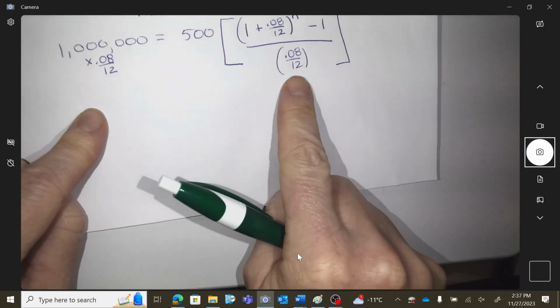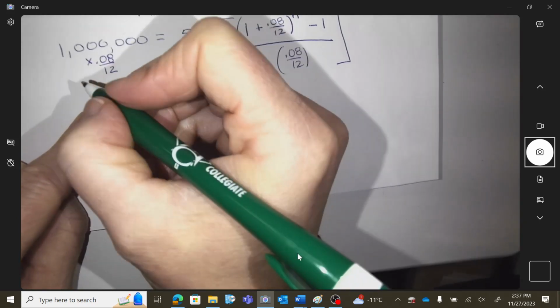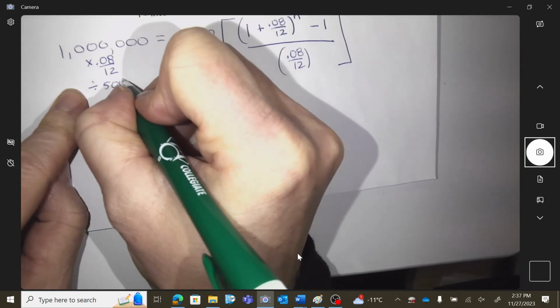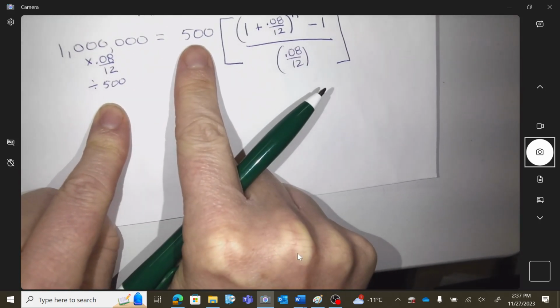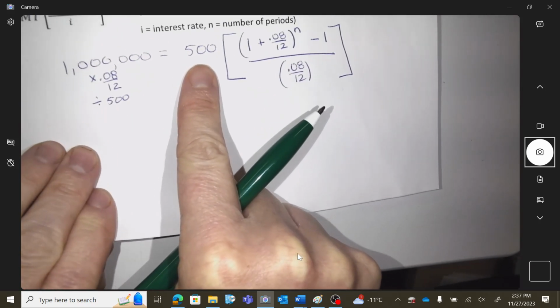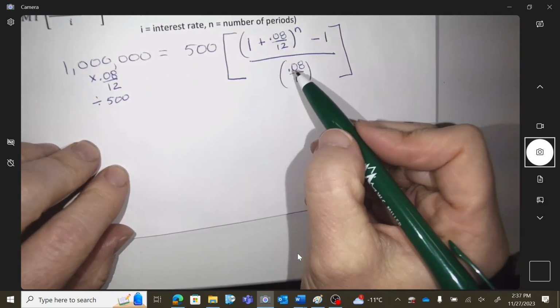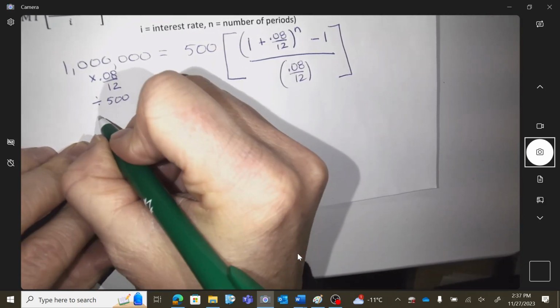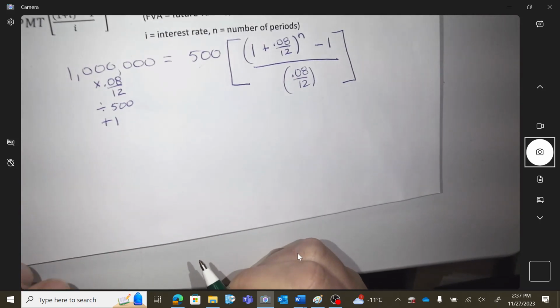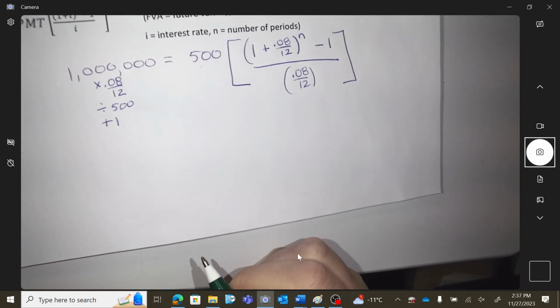Would that be okay to get rid of that? I'm going to divide it by 500, right? Is that okay? I'm dividing by 500. So this would be gone, and then I would add 1. Do you see how I'd have to do it in that order though? Like the add 1 would have to be the last.